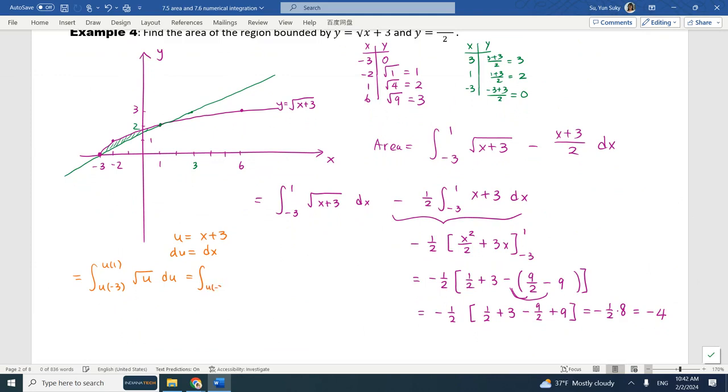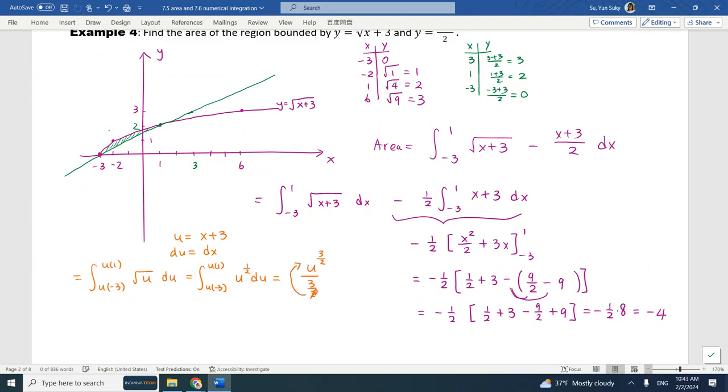So we have the integral from u(-3) to u(1). The square root of u is u to the what power? 1/2, du. Now we're ready to integrate. What is the integral of u to the 1/2? 1/2 plus 1 is 3/2, over 3/2. But what do you do with the 2 in the denominator?